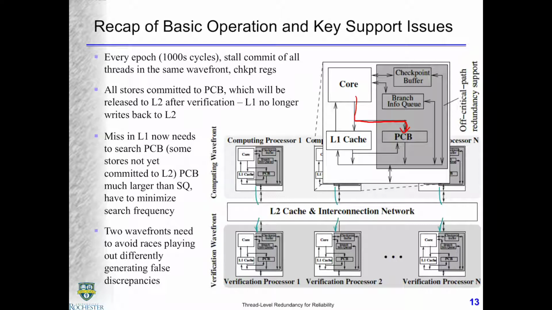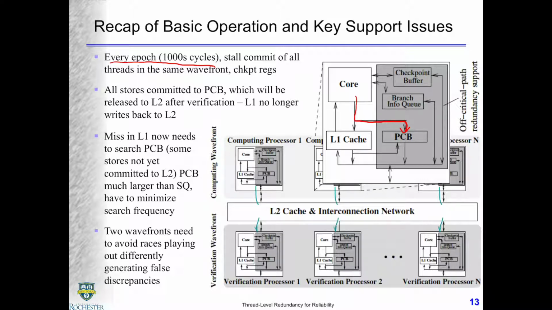So the core will retire them. Why? Because we want the epochs to be very long. We cannot hope the core to buffer all these stores in its tiny little store queue. So we'll put them in a much larger queue. You can think about this as just a secondary, large, gigantic store queue outside the processor. So that's the post-commit buffer.